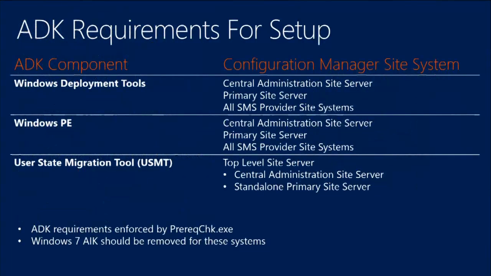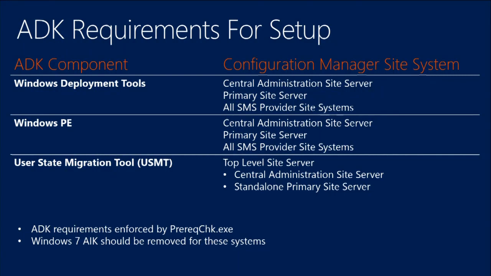So this is just a basic table of what components of the ADK go on which site systems. The Windows deployment tools will go on your central administration site server, primary site server, and any of your SMS provider site systems. Windows PE, same list of site servers.